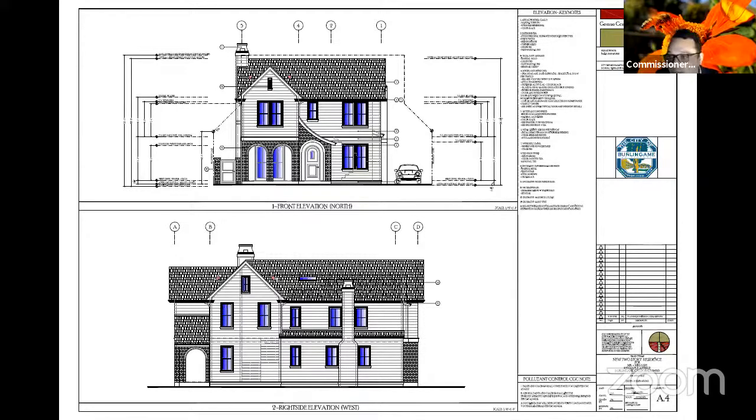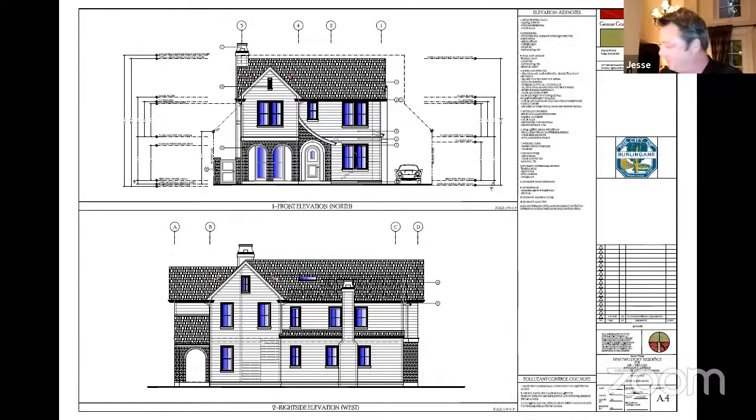Thank you very much. Do my fellow commissioners have any questions for the applicant? Commissioner Terrones, please go ahead. Thank you. Well, first simple question, Jesse. Am I correct in reading the plan that you have 3 bedrooms sharing a single hall bathroom? I believe that would be correct.